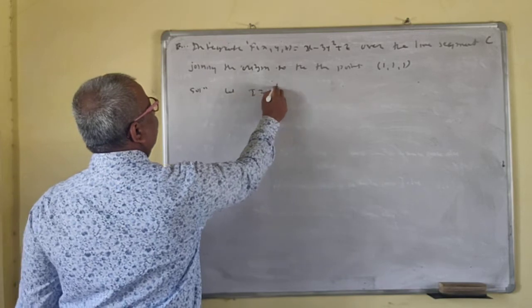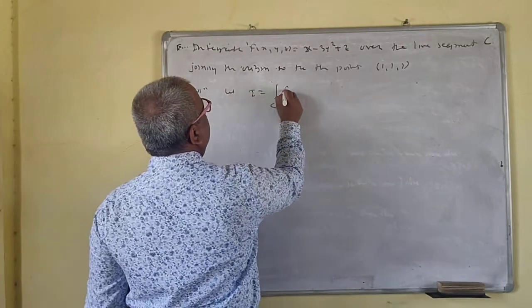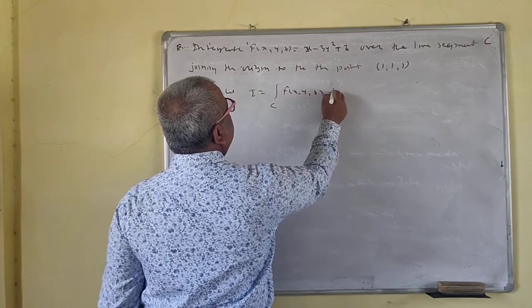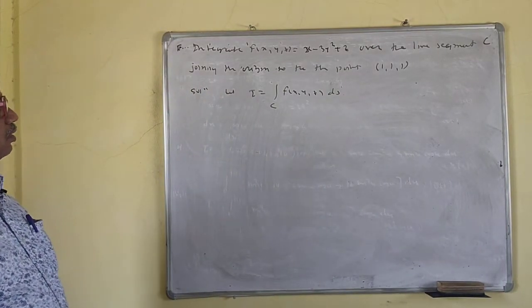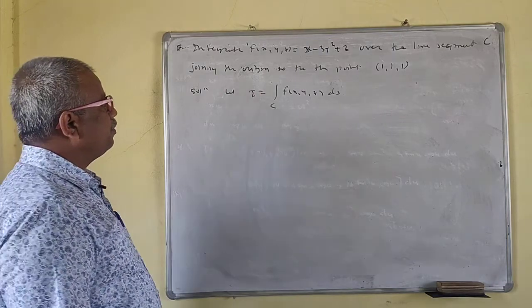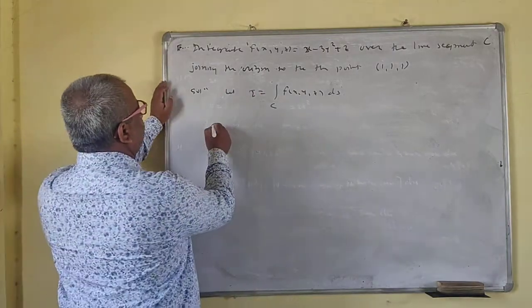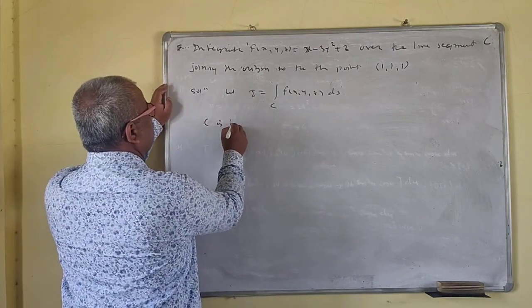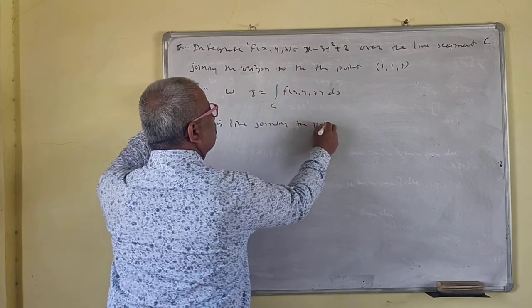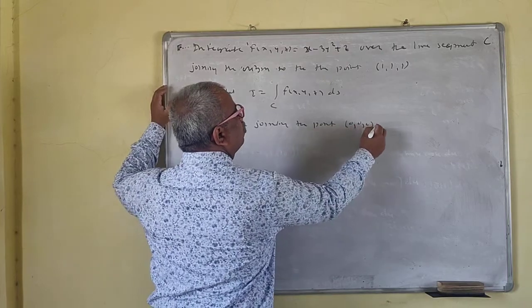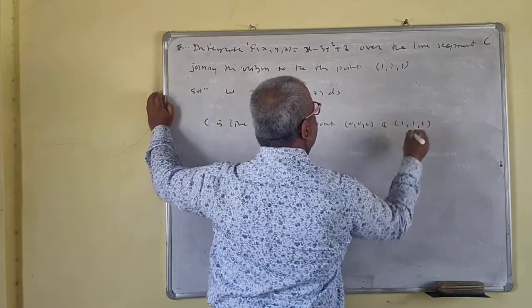Let I is equal to integral over C f of x y z ds. Okay, so r bar of t. C is the line joining the points 0 0 0 and 1 1 1.